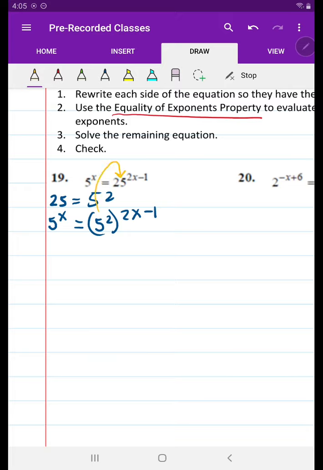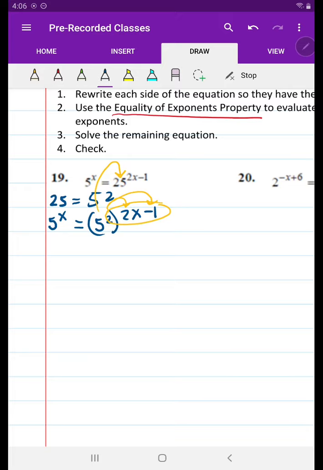Now, remember when you have an exponent inside your parentheses and then an exponent outside, you can multiply those things together. So we can multiply this 2, that's an exponent inside the parentheses, and distribute that across the 2x minus 1 outside.